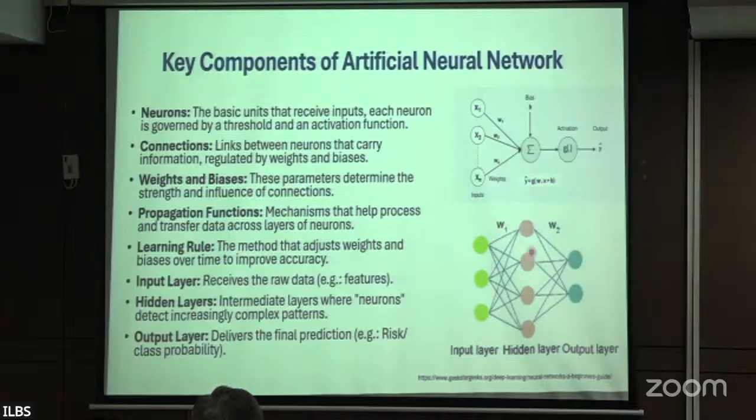Each and every circle in this hidden layer is a neuron. The input layer is just to take the input. The output layer is just to give the output in terms of probability 0 to 1. And inside the hidden layer, all are neurons, and all are connected to everyone. So this is a completely connected neural network.